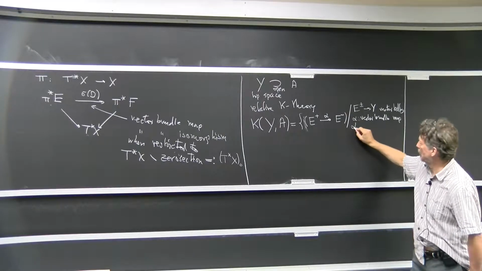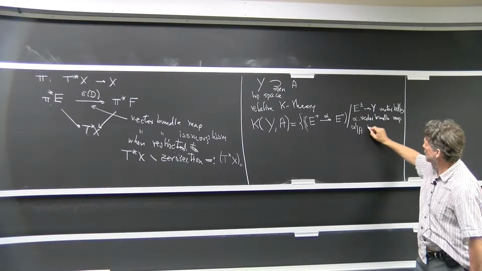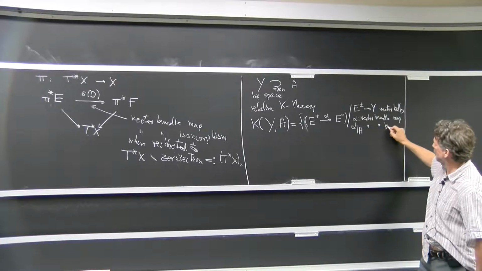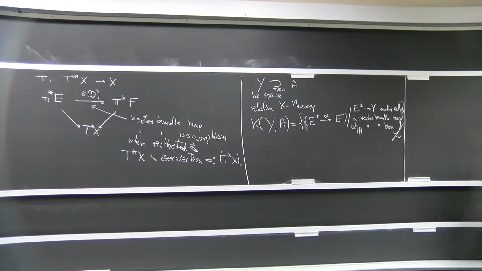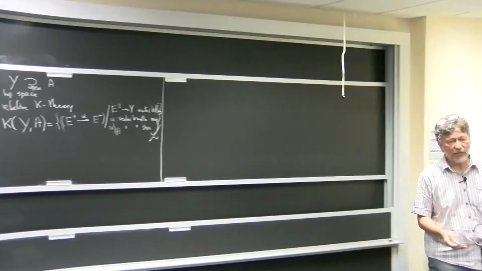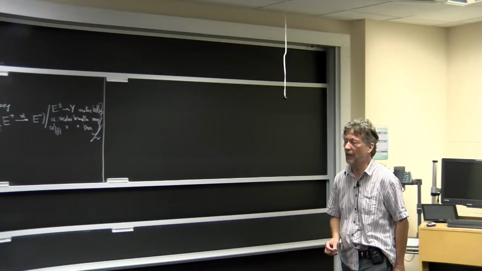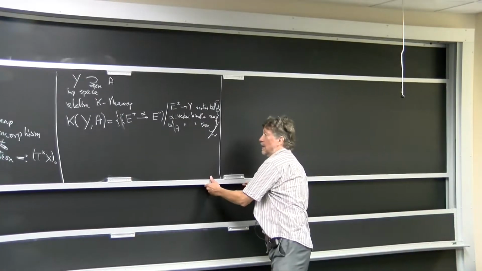So in other words, alpha restricted to A is a vector bundle isomorphism. Then you take certain equivalence classes of these things that I explained last time, and that is a way of describing relative K-theory.